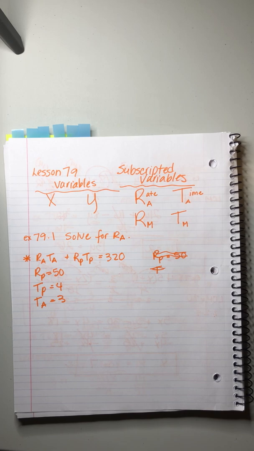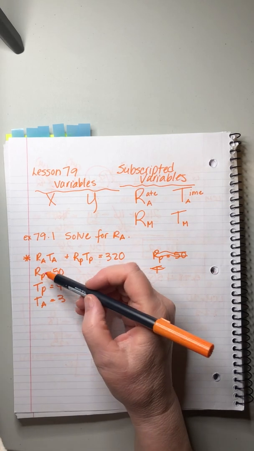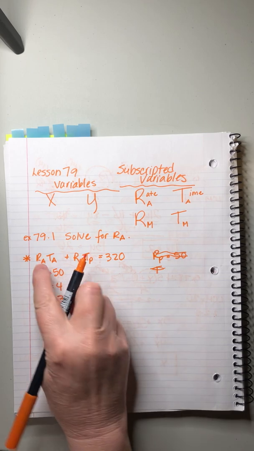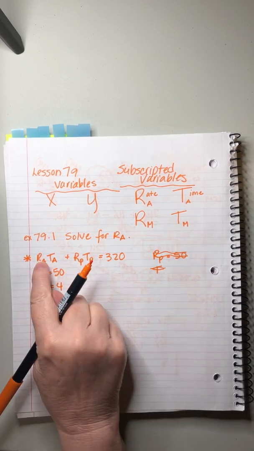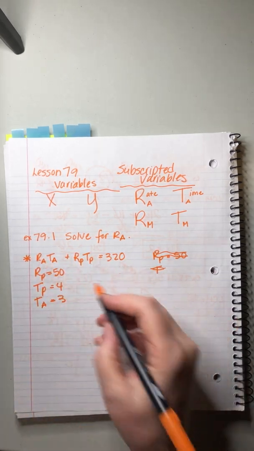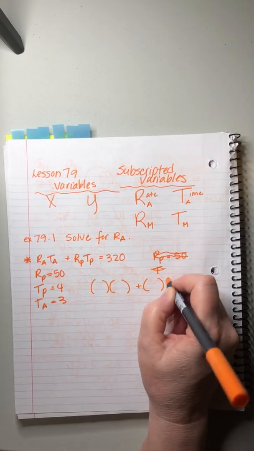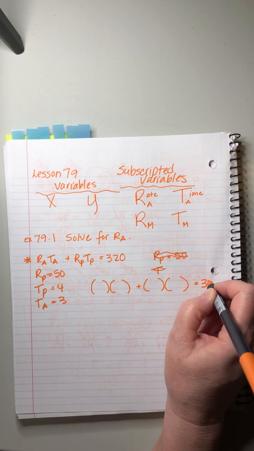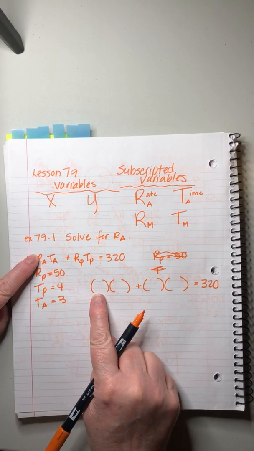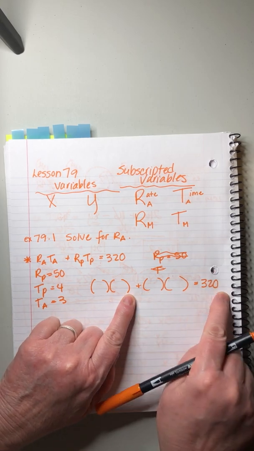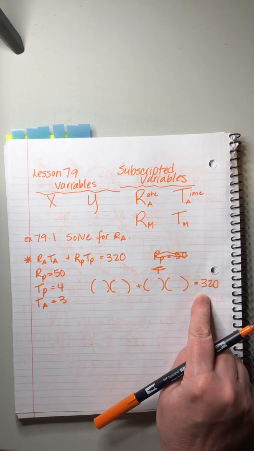And that's also very helpful because basically I'm writing down a list of things we're going to plug in. So what I'm going to do is rewrite this, only for every variable, I'm going to put a bucket. Right? RA, TA, RP, TP. I'm adding them together. They equal 320. So that's the next step.